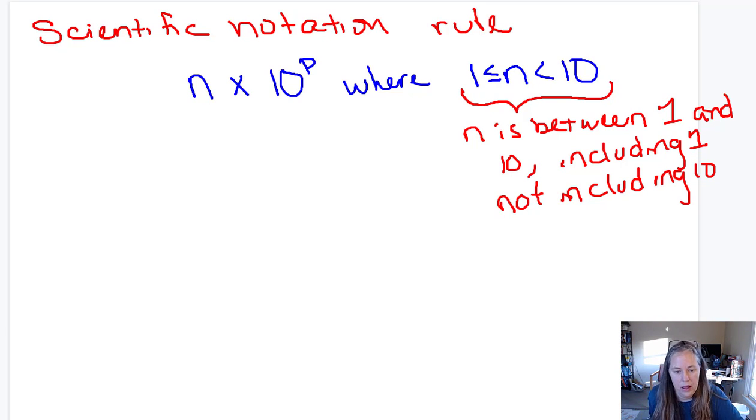Another way to say it, non-algebra, might be, oh, and p is the power of 10.